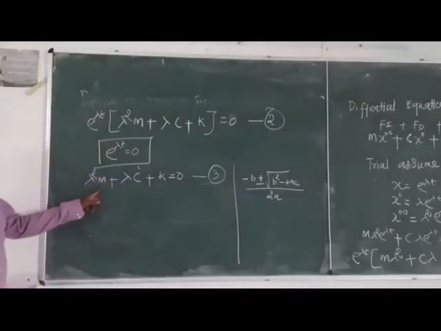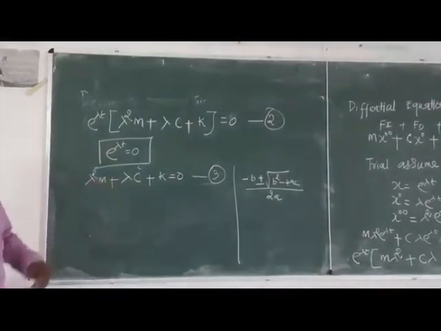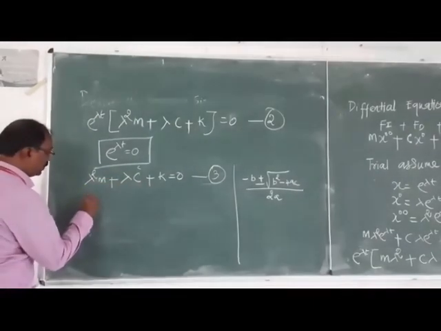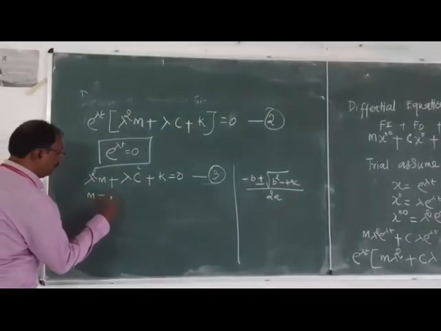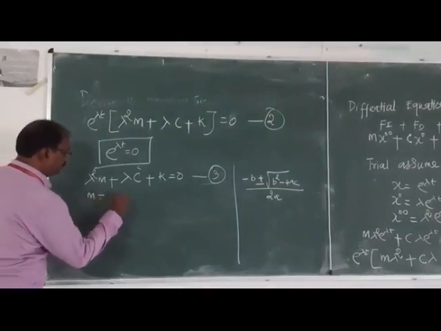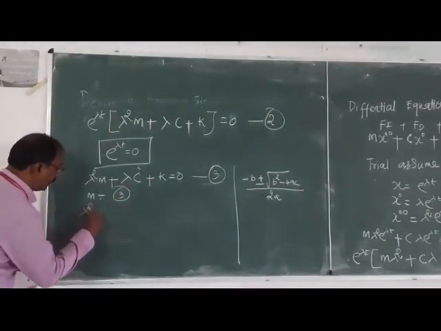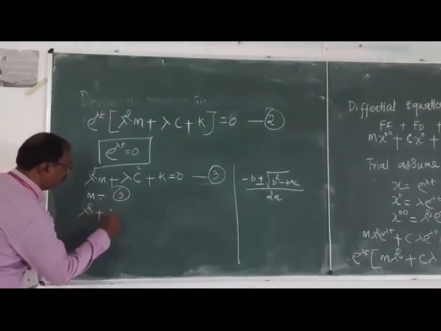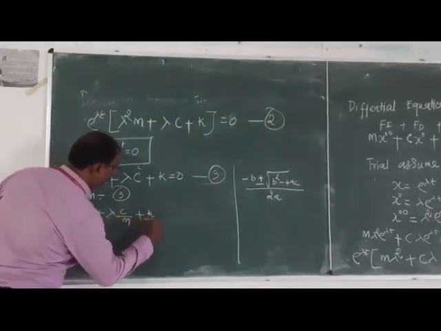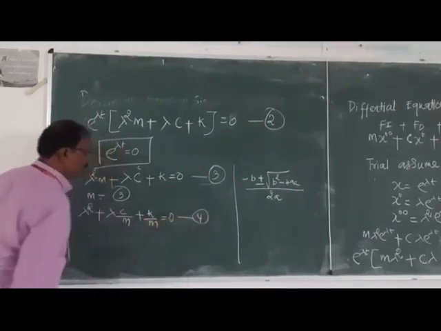In this quadratic equation, again we have the problem of m, so we divide equation 3 by m. Hence, lambda square plus lambda c by m plus k by m equal to 0, equation 4.